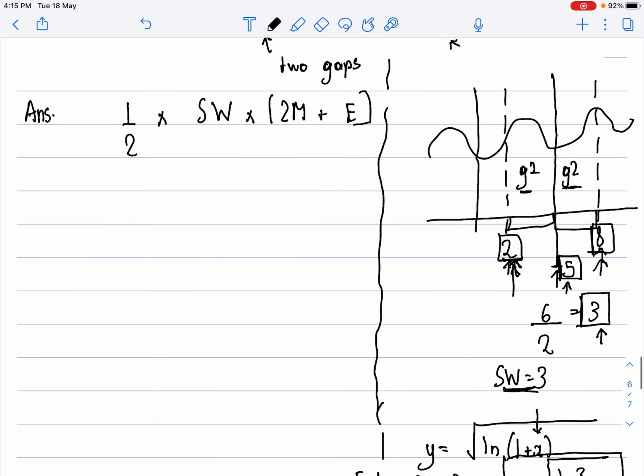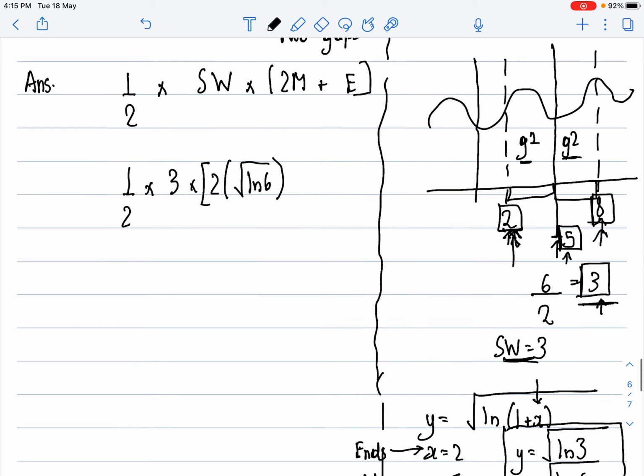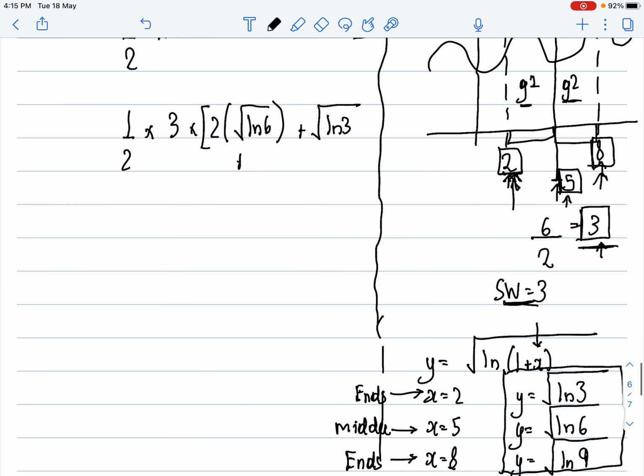So now if I go back to my formula, I have half into the strip width we calculated, which is 3, into the twice of middles. I know my middle is simply root of ln 6, sorry, not ln x. Okay, plus the ends, which is basically root of ln 3 plus the root of ln 9. Okay, this is what I have. So I can simply solve this on the calc.